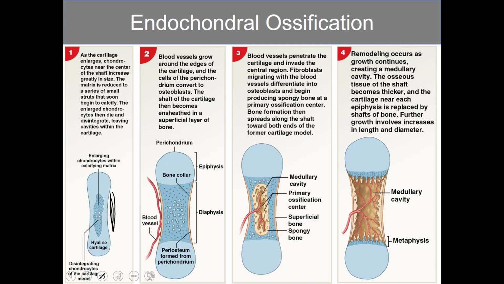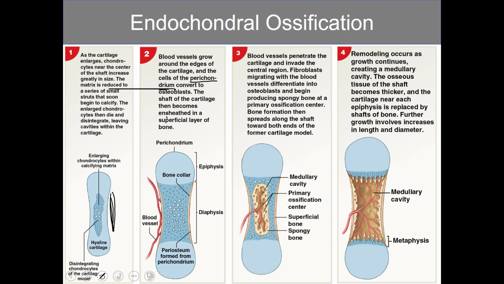Step 2, you get the attraction of vasculature, so blood vessels grow around the edges of the cartilage, and the cells of the perichondrium convert into osteoblasts. Remember, the perichondrium is the membrane that lines cartilage. The shaft of the cartilage then becomes completely ensheathed within a superficial layer of bone.